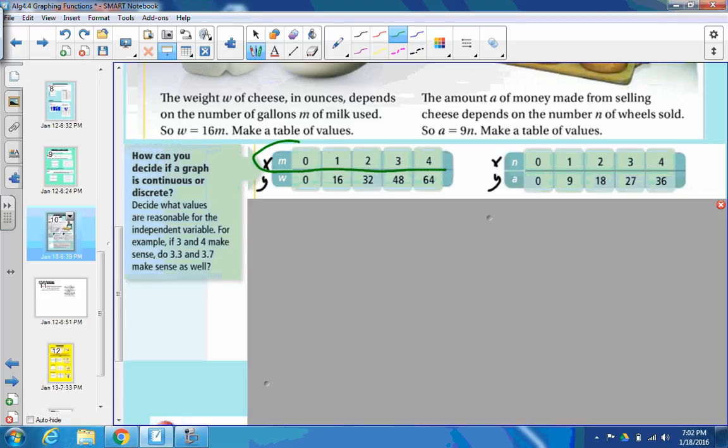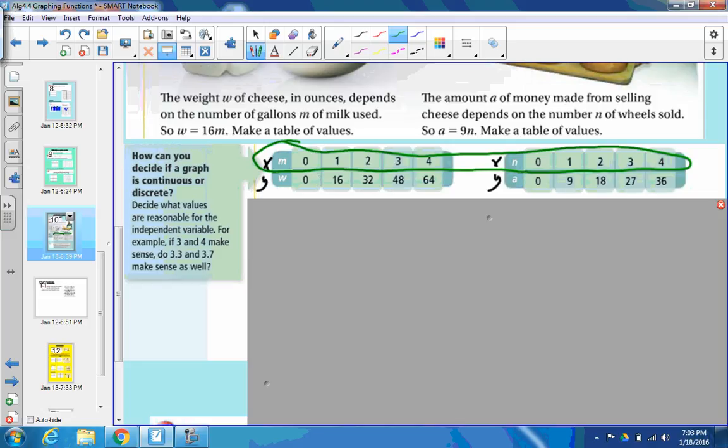The first one, the independent variable, is the M, which deals with gallons of milk. Could we have, in the middle of there, could we make a half a gallon of milk? Sure. You can buy half gallon of milk. So we could have stuff in between. So that, I think, would be continuous because we could put stuff in between.